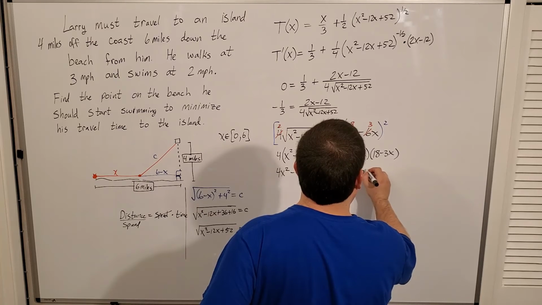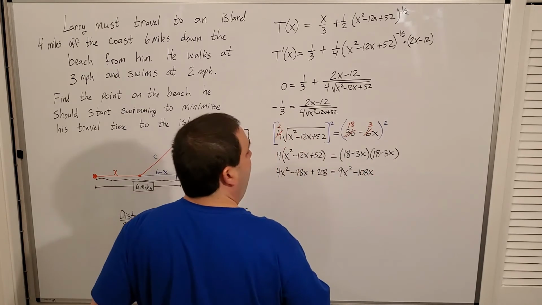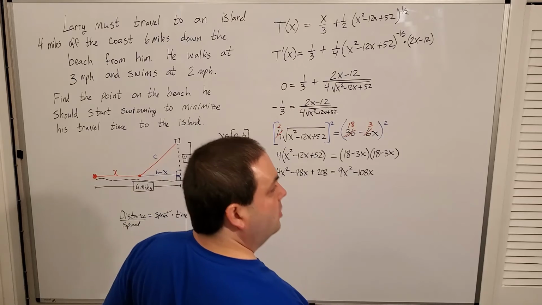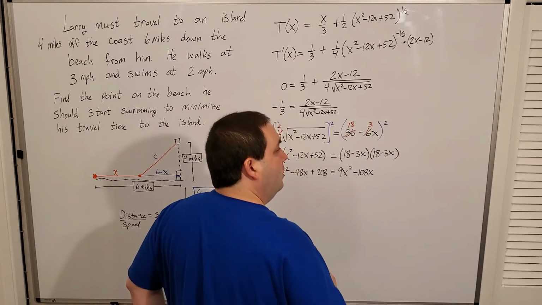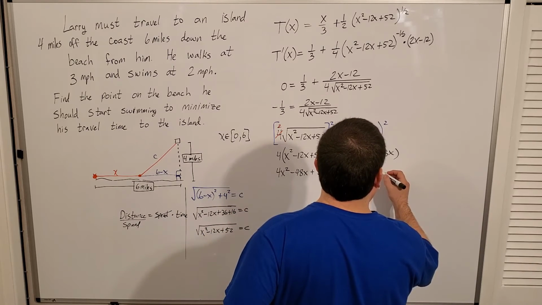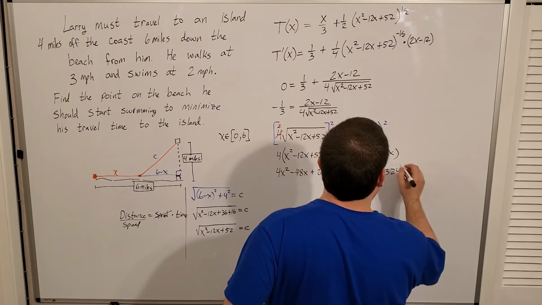So minus 108x. And then 18 and 18 is 324.